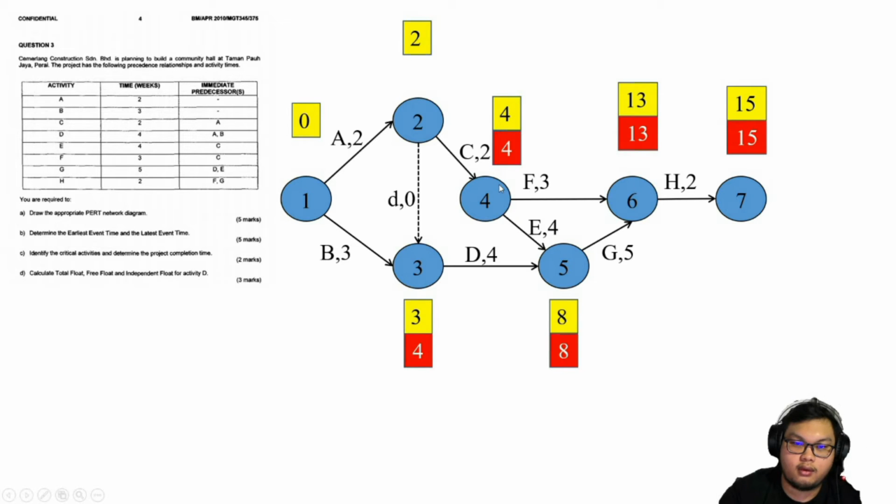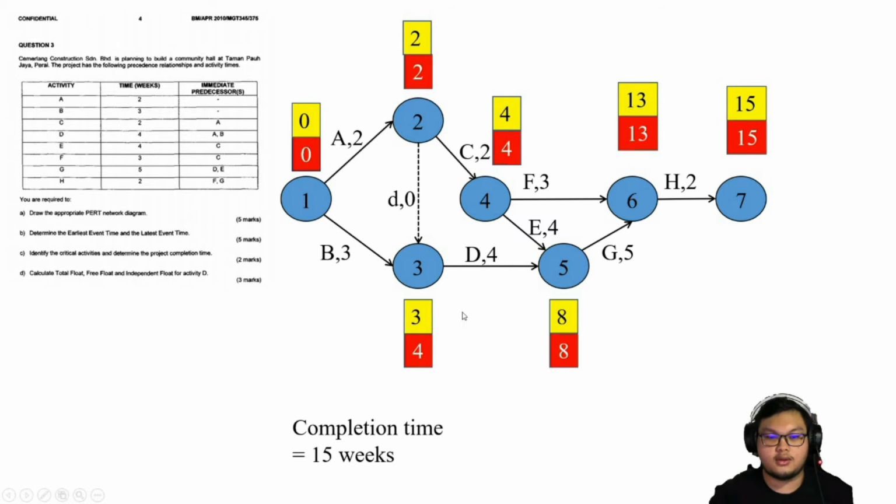And 4 minus 2, we get 2 here. So we actually have 2 options, from 2 minus 2 and 4 minus 3. 2 minus 2 is 0. 4 minus 3 is 1. So we take the smallest one. So the LET for event 1 is 0. So the completion time is 15 weeks.